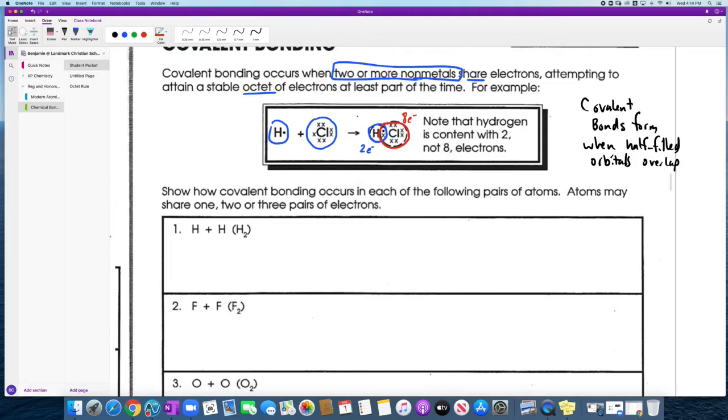Okay, so if you think about the electron configurations of these atoms, right? Hydrogen has a half-filled 1s orbital, and it could accommodate another electron. And chlorine, it has a half-filled orbital as well.